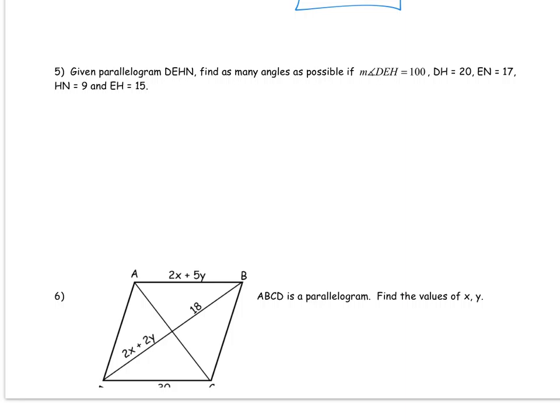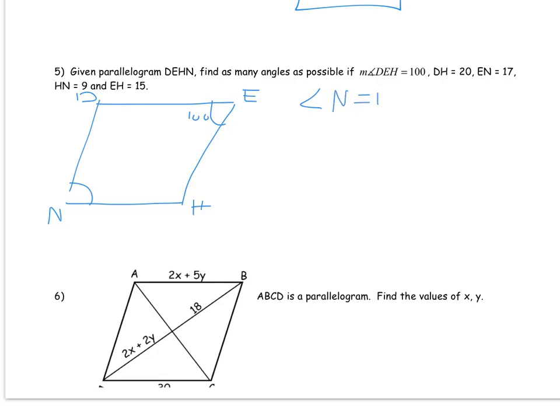Given parallelogram DEHN, this one's kind of crazy. They're giving all this information, but there's not that much we can use. And it says find as many angles as possible if the measure of angle DEH is 100. So from that, I know that angle N is also 100.